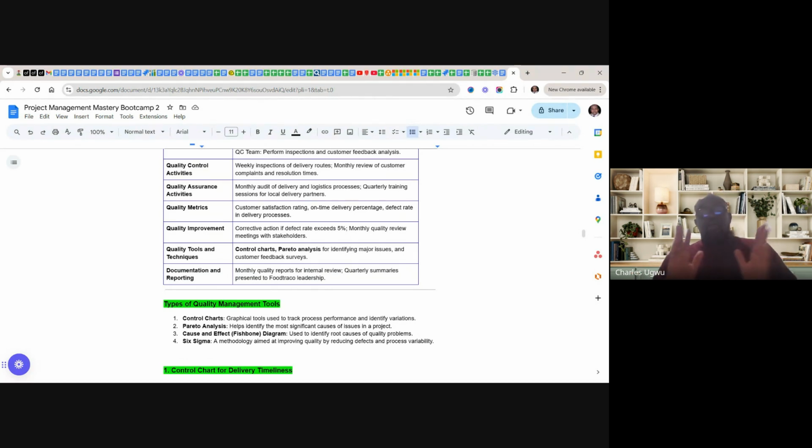So these are the major quality management tools used in the industry today. And the business analyst should have a good handle on all these tools. As a business analyst, you should be able to handle quality activities with all these tools.